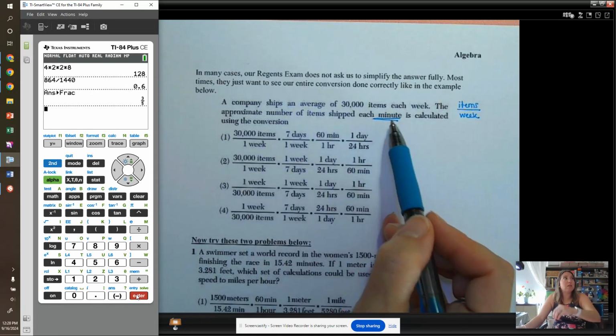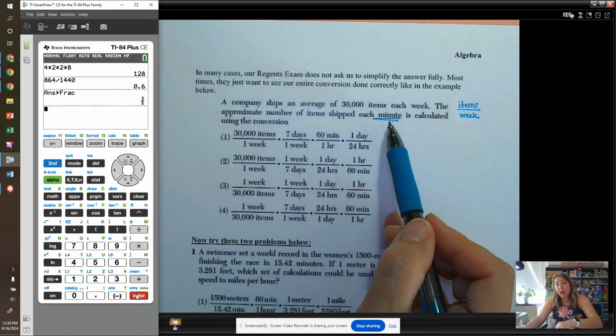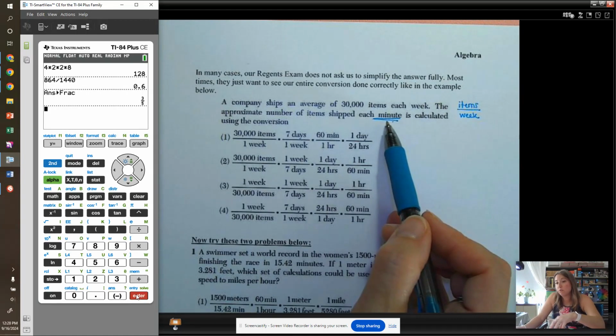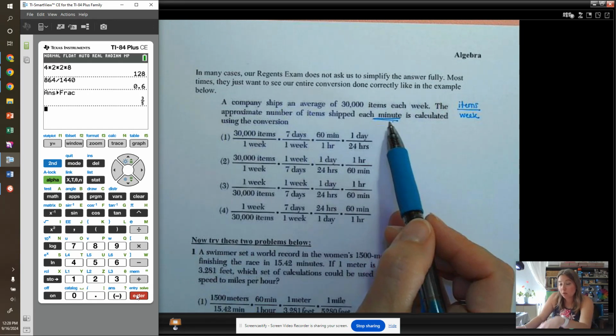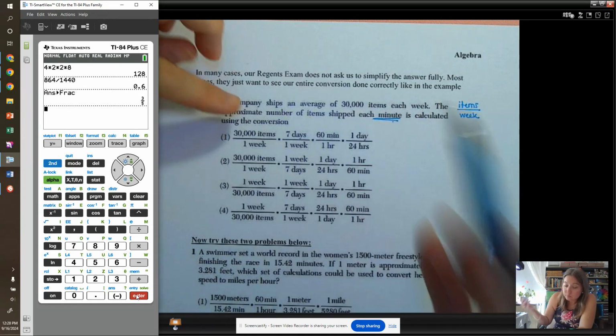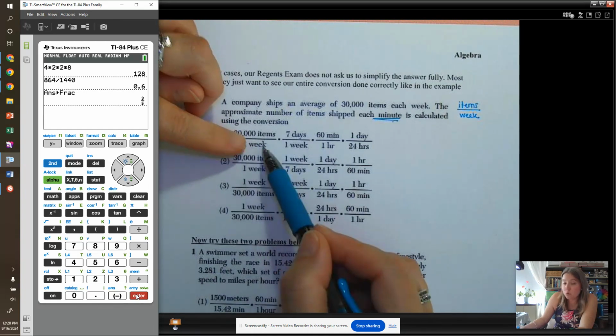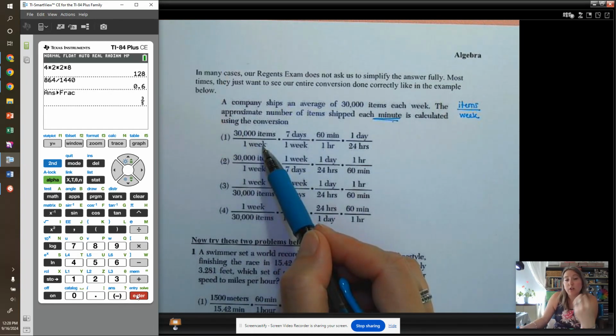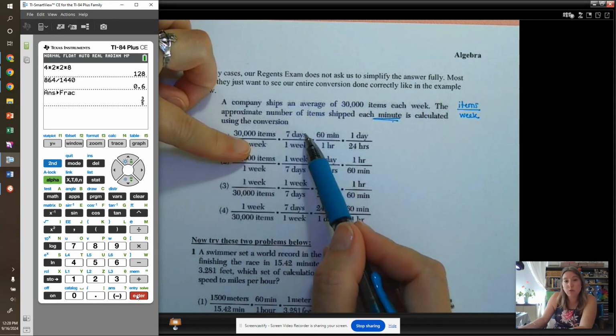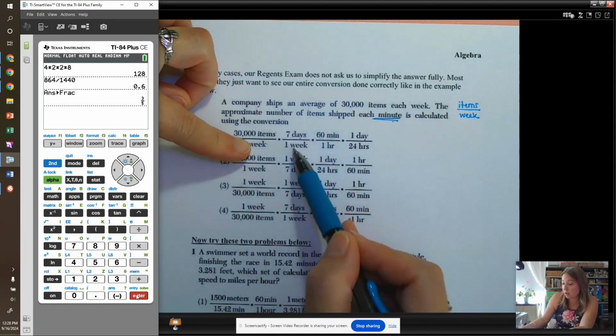So I'm going to need minutes to be at the bottom of my final proportion. The real key when you're looking is if you're trying to move out one of your units, it has to be the unit on top of the multiplied fraction.